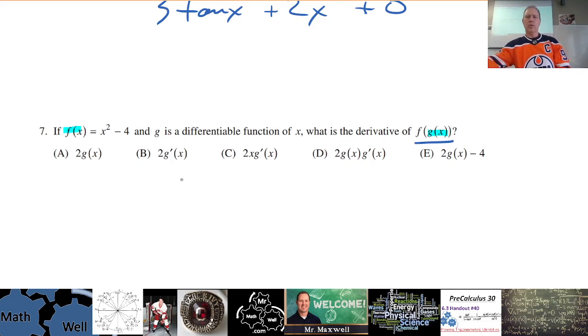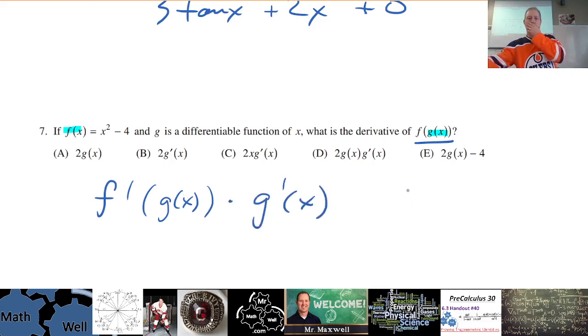The derivative of the outside function would be f prime. We are supposed to leave g of x in there, aren't we? We're supposed to leave the inside function alone and then multiply by g prime of x. Right? So now, what about the fact that this f of x function looks like this?